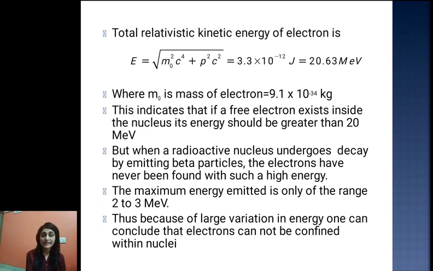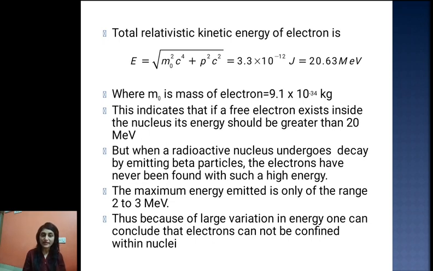This indicates that if a free electron exists inside the nucleus, its energy should be greater than 20 MeV. But when a radioactive nucleus undergoes decay by emitting beta particles, the electrons have never been found with such a high energy.